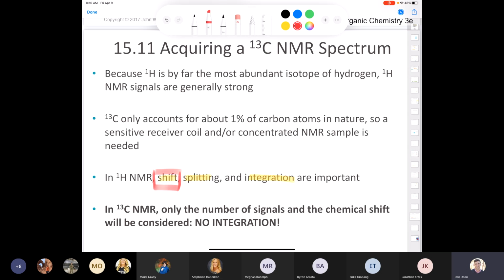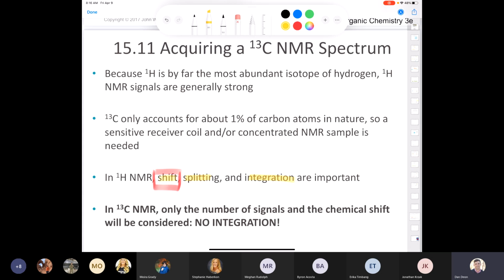So again, because protons are by far the most abundant isotope of hydrogen, or hydrogen 1, we see strong NMR signals. Usually it takes very little sample to get a good NMR spectrum, whereas carbon-13 is only about 1.1% abundant, right? The most abundant isotope of carbon is carbon-12.